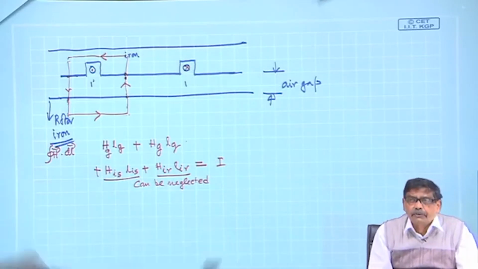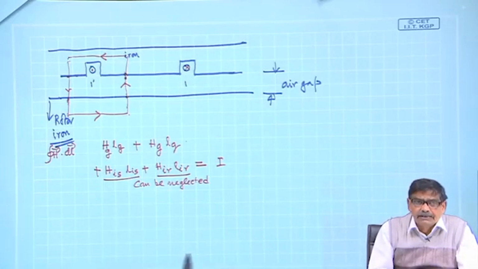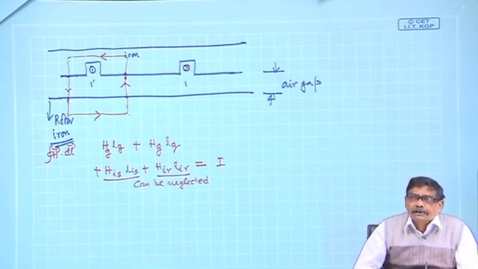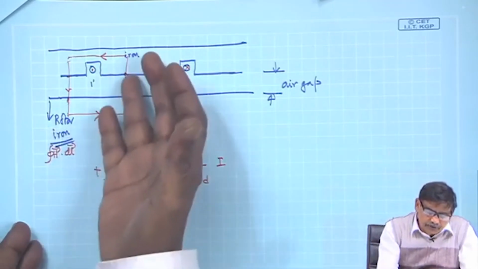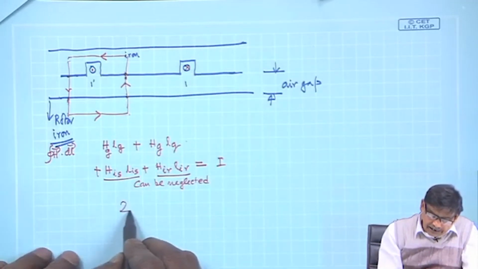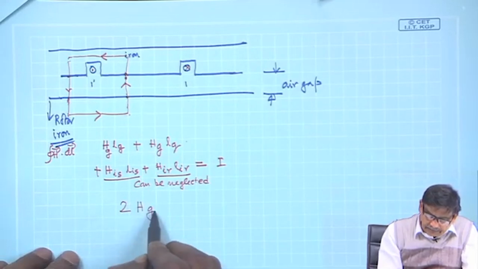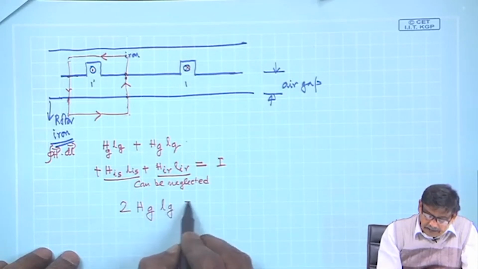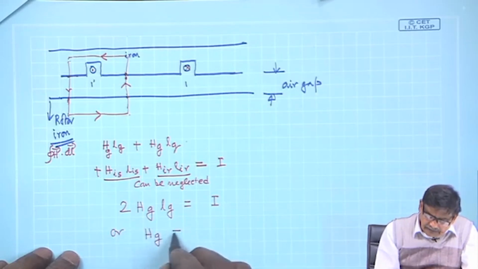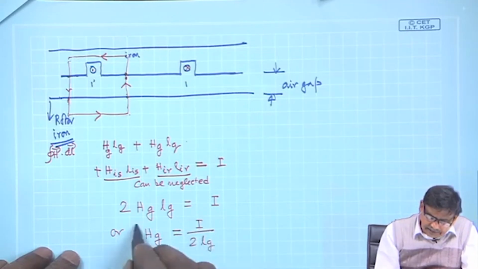It physically means that it requires very little MMF to create a flux in the iron. Most of the MMFs will be dropped in the air gap. So, ultimately what you will get is 2 Hg Lg is equal to I, and I will say Hg is equal to I by 2 Lg, that is the thing.